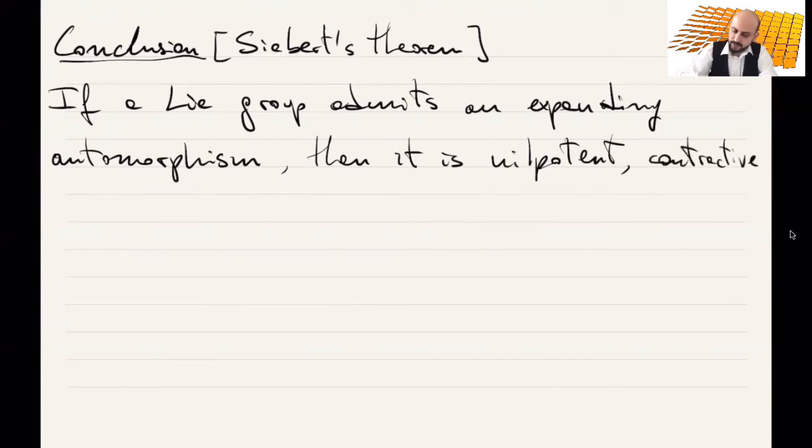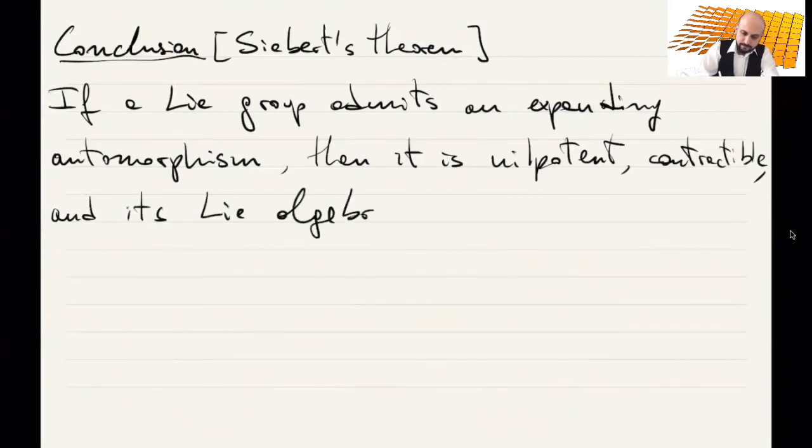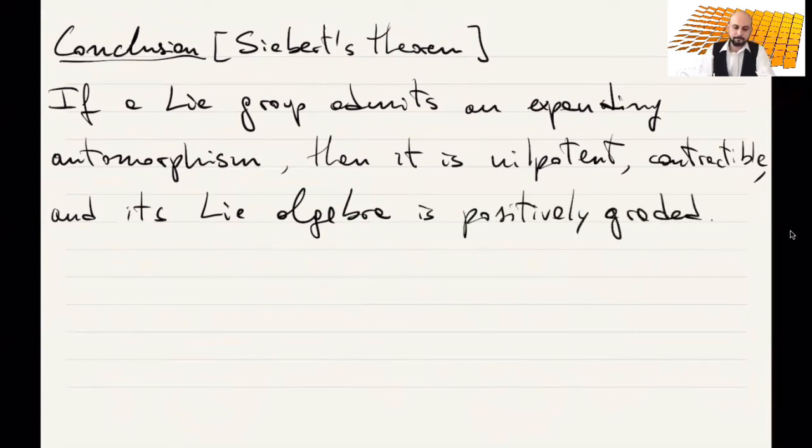The fact that it's contractible is clear. And its Lie algebra is positively graded. Okay, so this is a theorem.